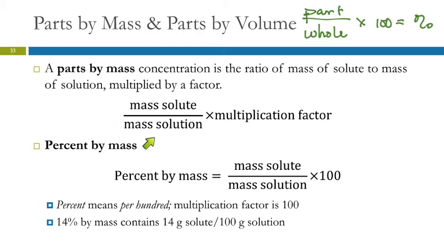So this is the general idea, the part over the whole, and then it's multiplied by a factor. The factor you choose is whatever is needed to make it a reasonable number. If it's percent, cent refers to 100, so we multiply by 100. Percent is literally parts per 100. So if we have 14% by mass, that's 14 parts per 100 parts, 14 grams of solute per 100 grams of solution. We've used that as a conversion factor earlier in the semester.